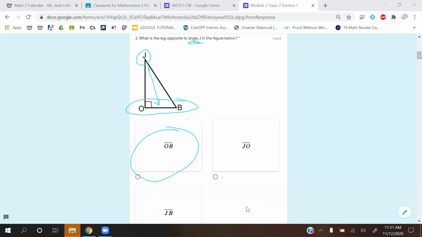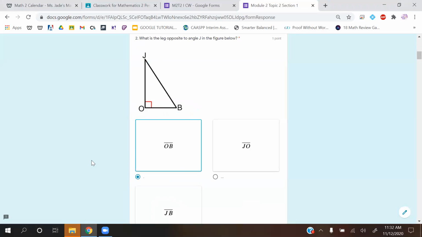They want opposite to J. So in your head, you just draw the arrow directly down away from J, all the way across to the opposite side, which is OB. Do you guys have any questions? Okay. OB it is. Let's go to number 3.